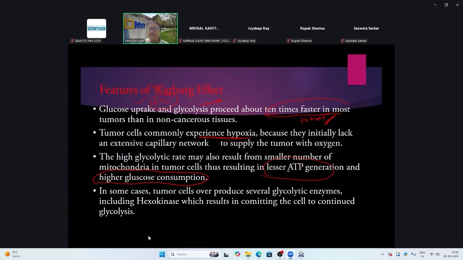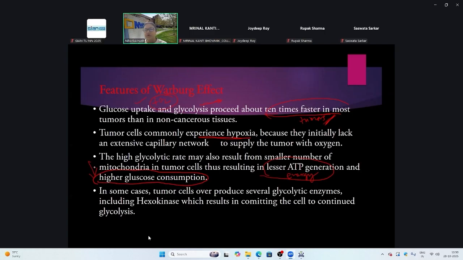So I'll make less ATP. This is for energy and for all the work, but if I need more energy, I'll just break down more glucose. So these tumors are going to need a lot of glucose to make just the energy that it needs. It's a very inefficient way to make energy by using hordes of glucose.